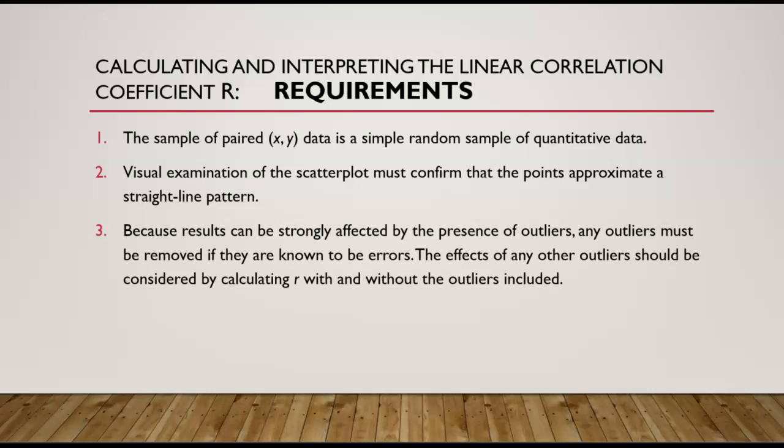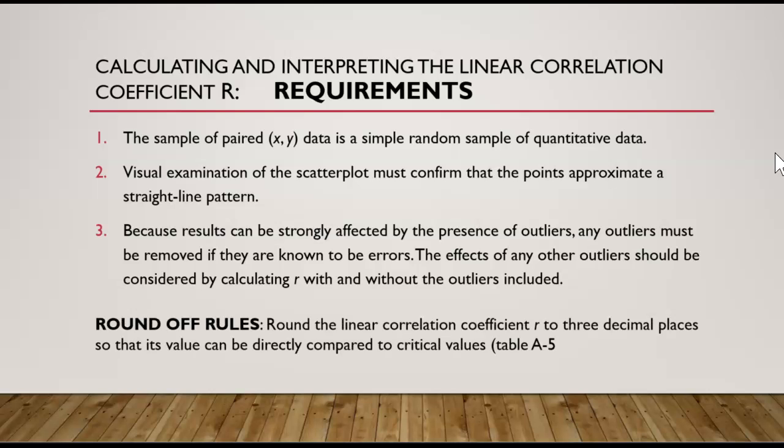Third requirement, because results can be strongly affected by the presence of outliers, any outliers must be removed if they are known to be errors. The effect of any other outliers should be considered by calculating R with and without the outliers included.